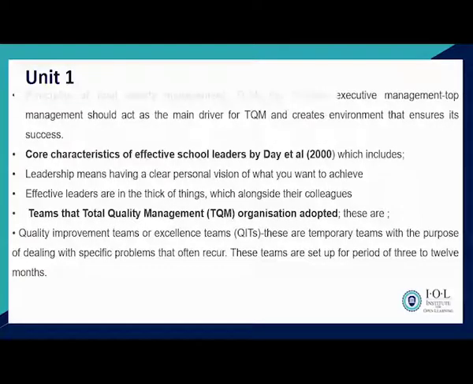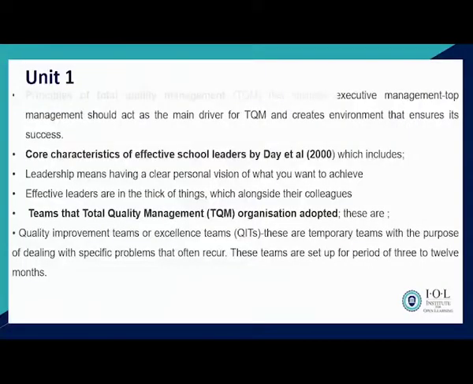Now, if you look at this topic, there are other scholars who have also spoken about core characteristics of effective school leaders. But in this presentation and in the coming exams, I'm only going to focus on Day and others, who also spoke about core characteristics of effective school leaders, which include leadership means having a clear personal vision of what you want to achieve.